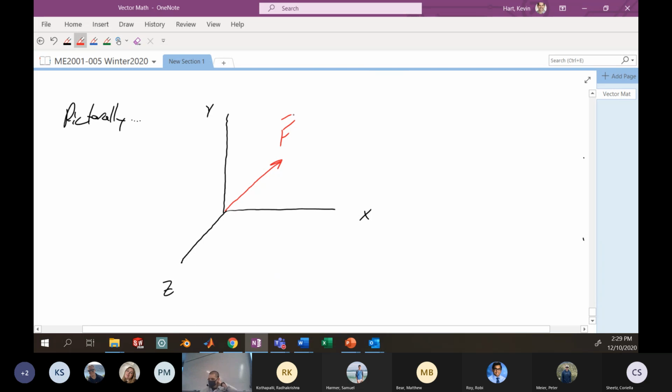Here's F, and let's show its projection here as best we can.